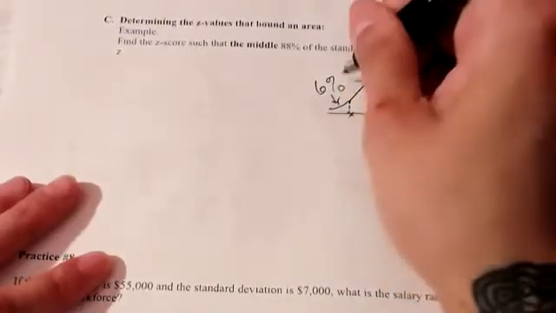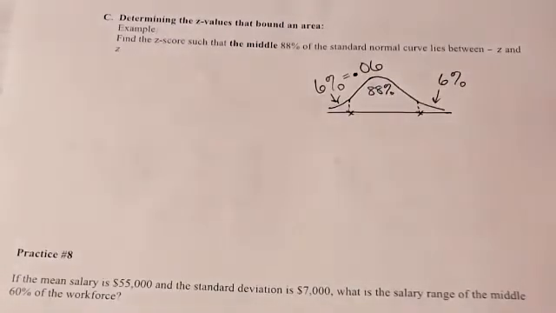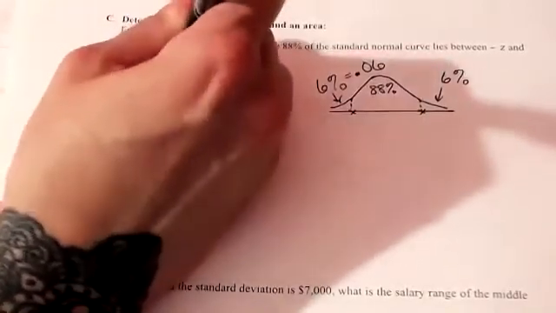So I'm going to write here that this is 0.06, right? 6% is the same as 0.06. You're going to look at your z-score table. I'm going to make a note here.